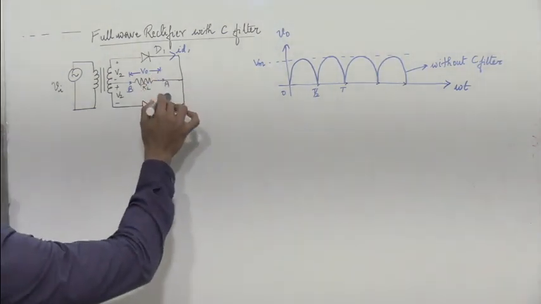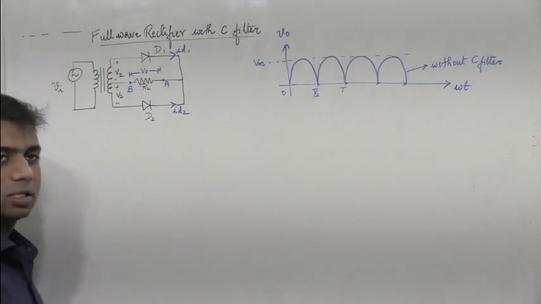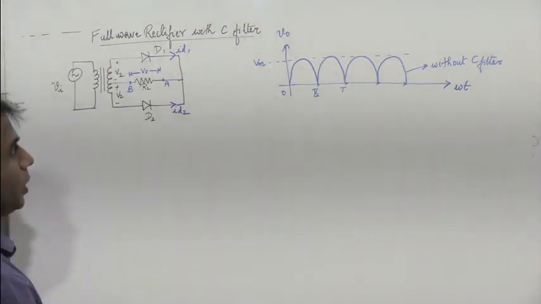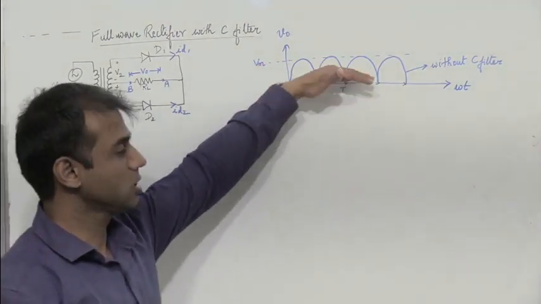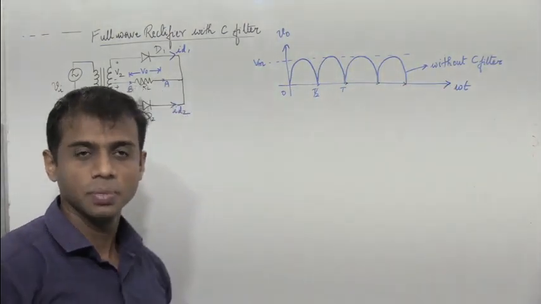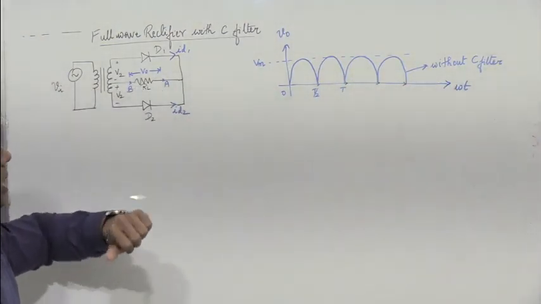So in both the half cycles, current flows in the same direction from A to B, and therefore we get an output like this.